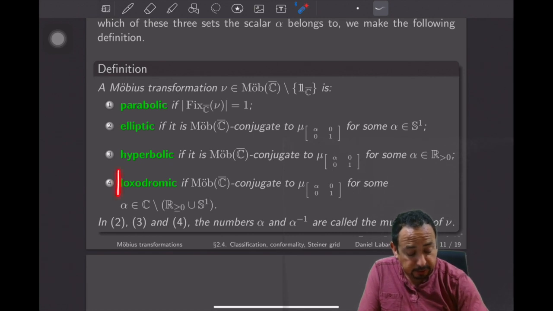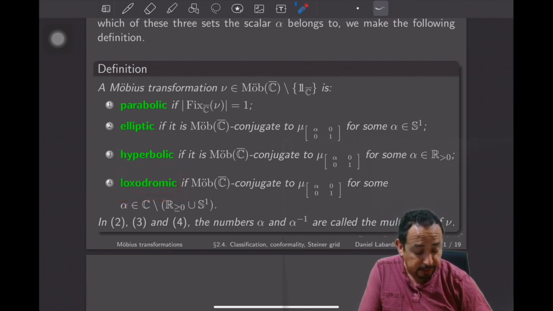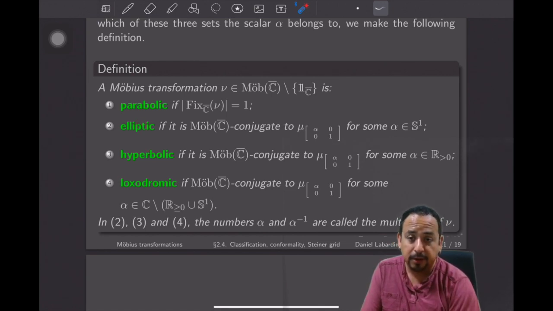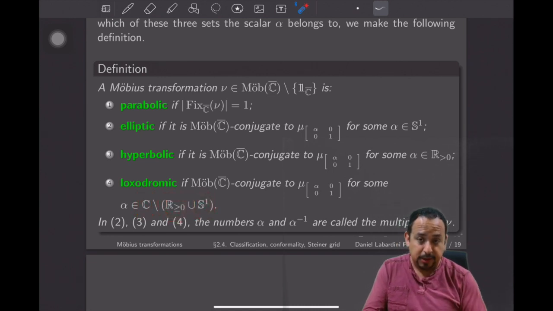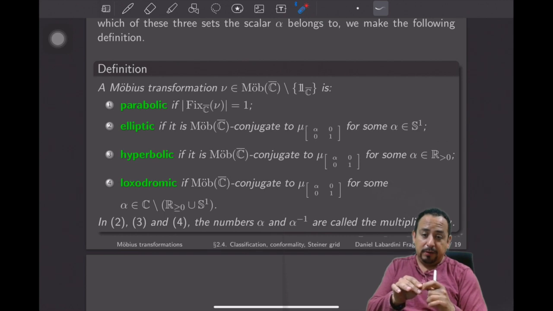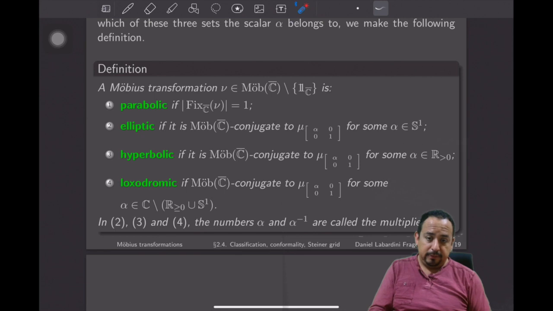And we say that it is loxodromic if it has exactly two fixed points and it's not elliptic or hyperbolic. That is, if it's conjugate to multiplication by some complex number which is not a positive real number and not on the circle, so that it lies completely outside the union of the circle with the positive part of the real axis.